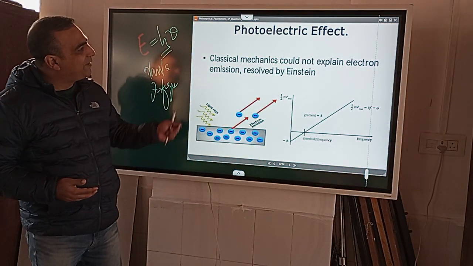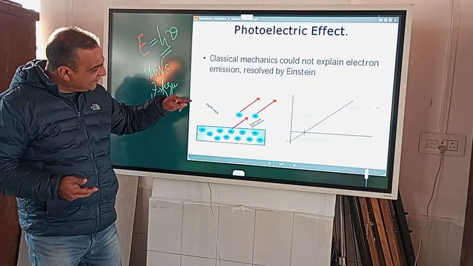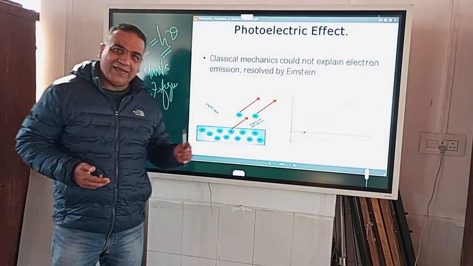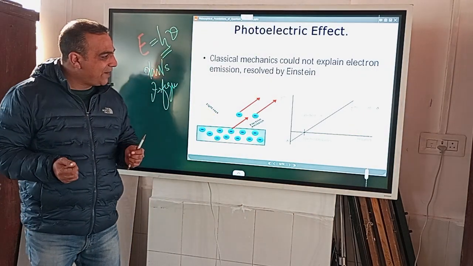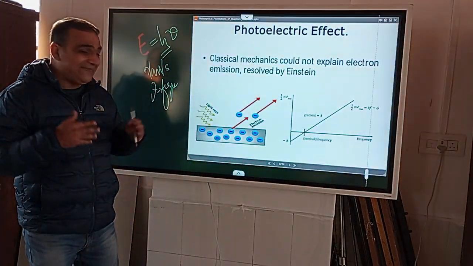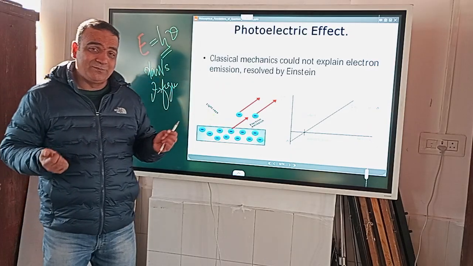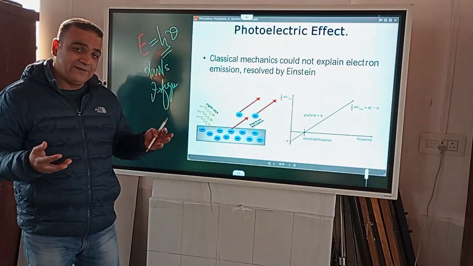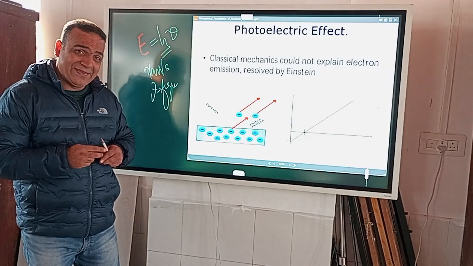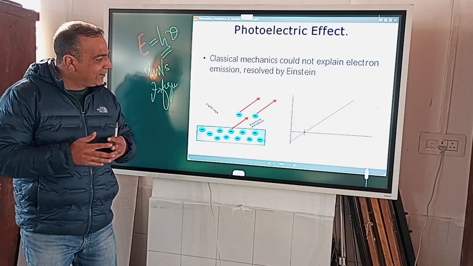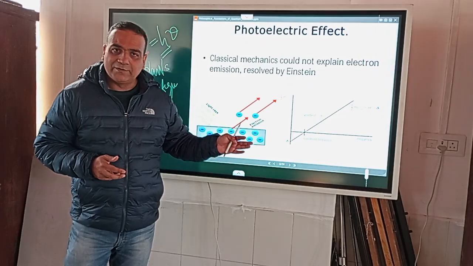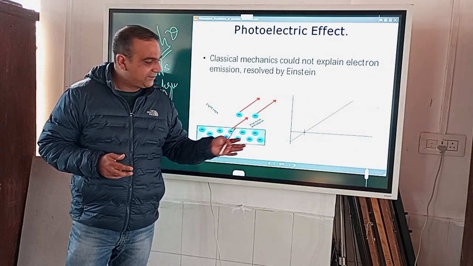This question was answered by Albert Einstein, and this answer led Albert Einstein to receive a Nobel Prize in Physics, which is purely quantum mechanical in nature, even though we'll see that Albert Einstein was not completely comfortable with the arguments of quantum mechanics, the arguments of entanglement, but this great personality received the Nobel Prize for resolving the problem of the photoelectric effect.